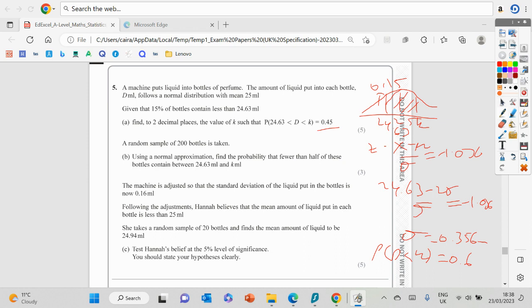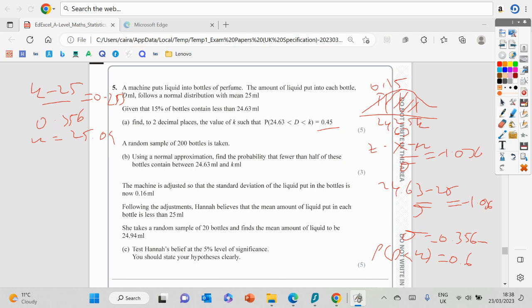So we're doing K minus 25 divided by sigma, which we now know is 0.356, equal to 0.253. So we can get the value of K out there, and that gives you 25.09 to 2 decimal places.